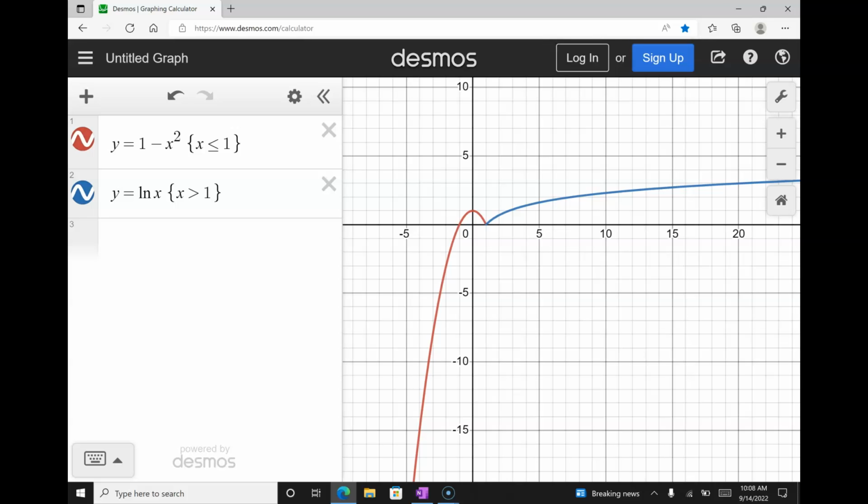This thing is not differentiable. That one is not differentiable. What do you think I mean by differentiable? Exactly. Differentiable means the derivative can be there. Slope can be there, right? But the problem, like this one, the slope on the red curve is negative. The slope on the blue curve is positive.